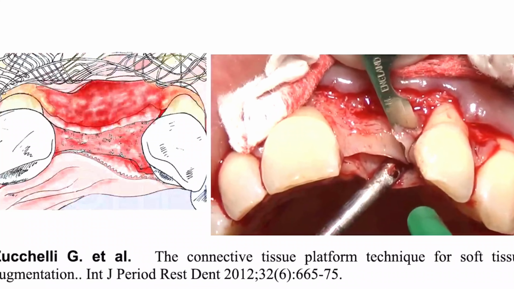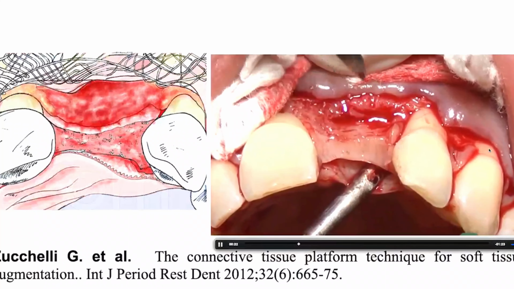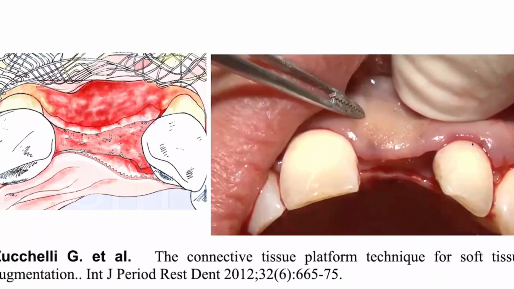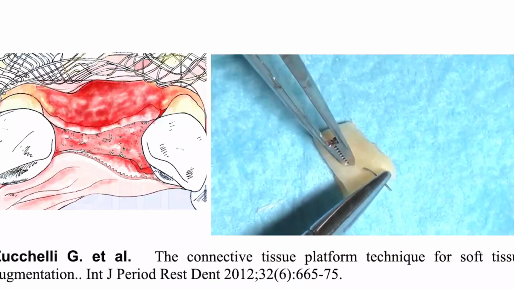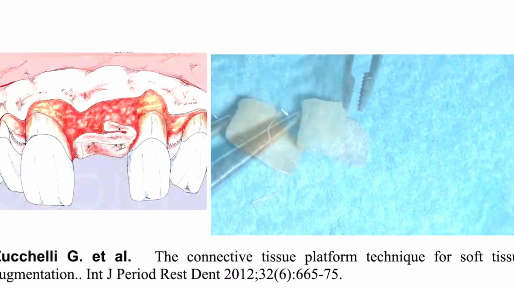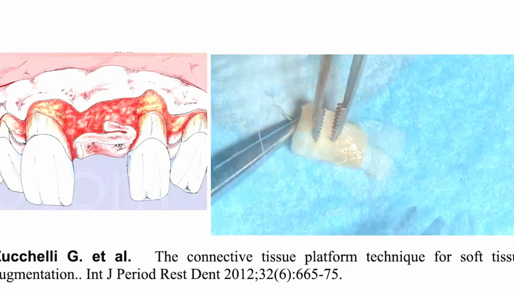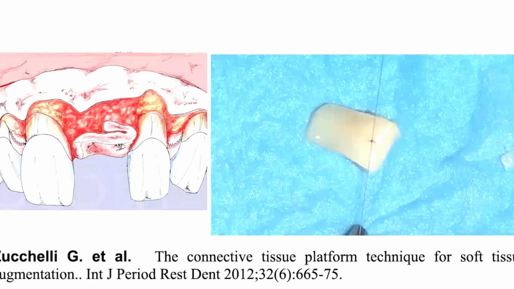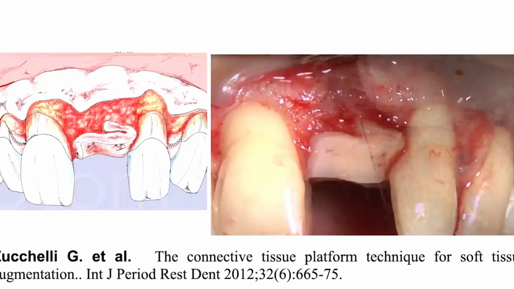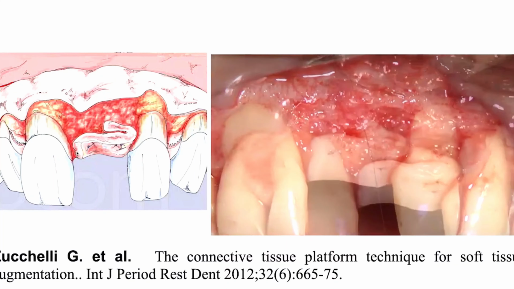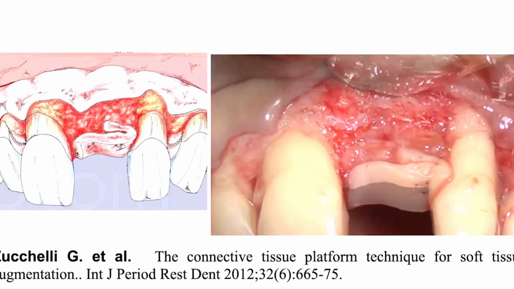Once the platform is completely de-epithelialized, we have to find a way to create a double layer of the connective tissue graft in the area where there is much more papilla loss, that was mesial to the lateral, then distal to the central. And so we fold the graft, not completely like in the case I showed you this morning, but only half of this graft is folded.